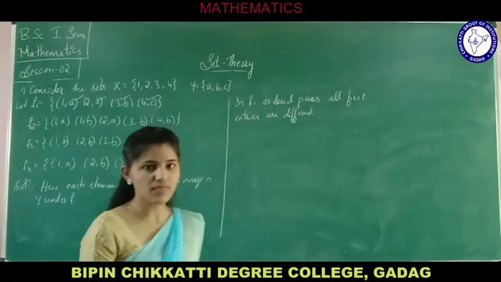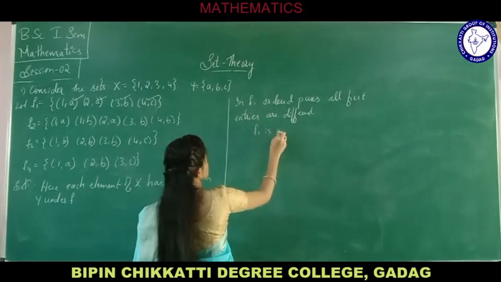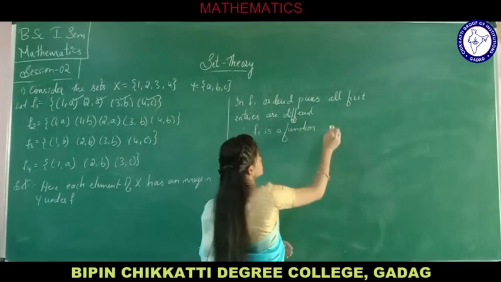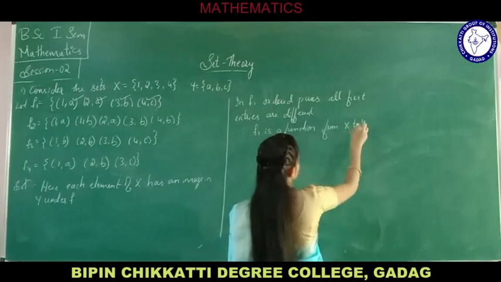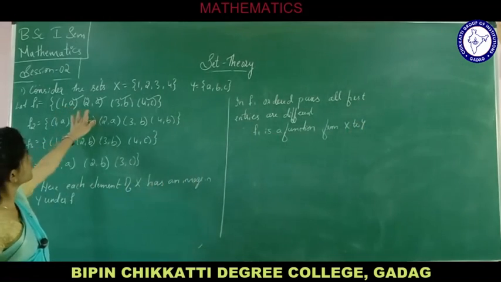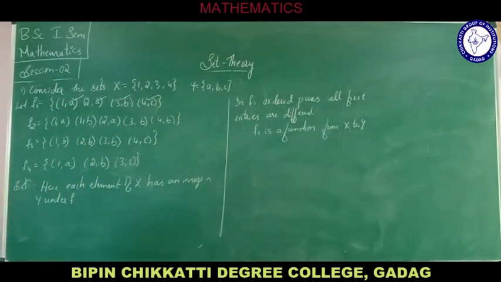Therefore, f1 is a function from X to Y, since each of the given ordered pairs has a different first entry.